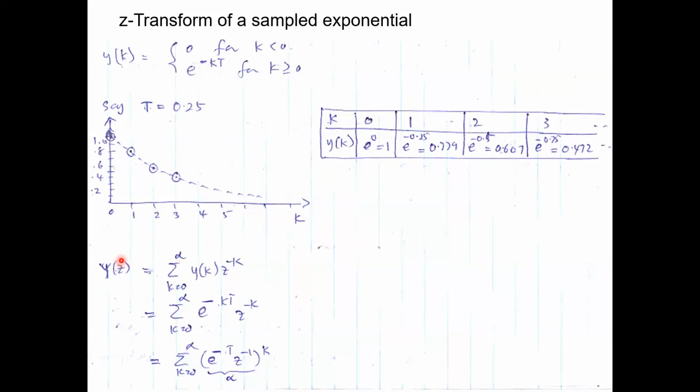So what is the Z transform? A summation from k equals 0 to infinity of y[k] z to the minus k, by definition. If you want to do it that way, straight away you start with the Z transform definition. Earlier you started with the Laplace transform. I really wanted to show you that these are not two completely different things, but very well connected.